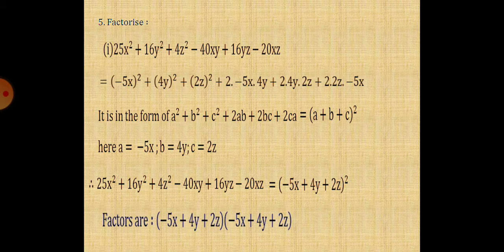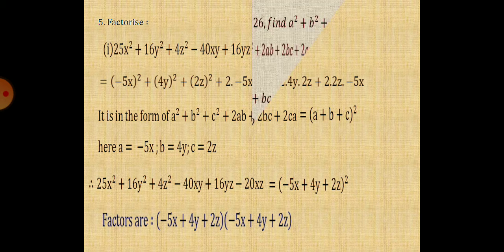So by observation we can write 25x square plus 16y square plus 4z square minus 40xy plus 16yz minus 20xz is equal to (minus 5x plus 4y plus 2z) whole square. So the factors are (minus 5x plus 4y plus 2z) into (minus 5x plus 4y plus 2z).